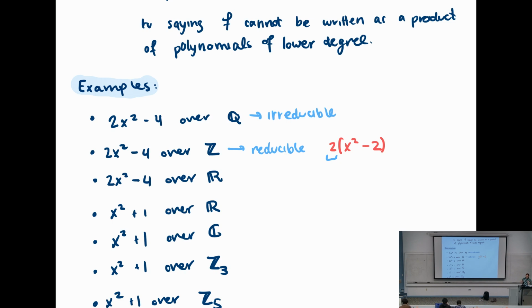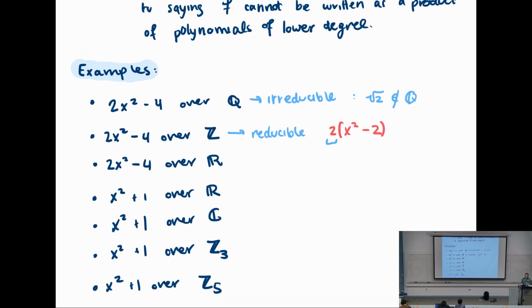In this case, that would be 2 polynomials of degree 1. But in order for that to happen, we would need this polynomial to have its roots over Q, which it doesn't because the square root of 2 is not an element of Q. So this one is irreducible. Does that make sense? So roughly this is because the root 2 is not in Q.